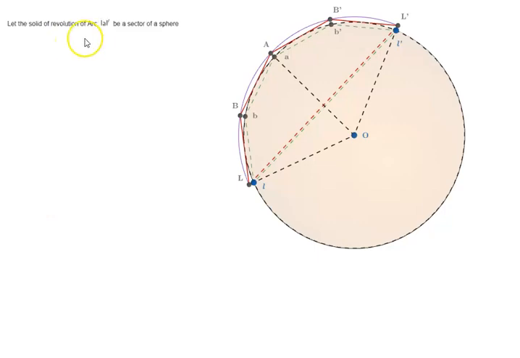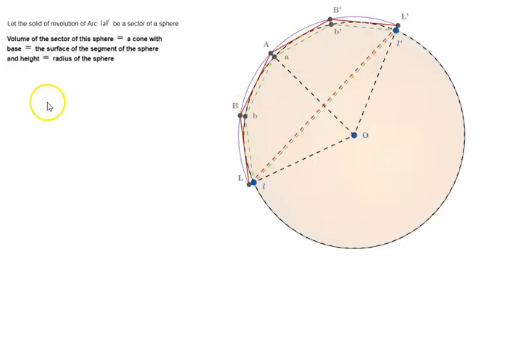Let the solid of revolution of the arc LAL prime be a sector of a sphere. What the proposition is saying is that the volume of the sector of this sphere is equal to a cone with base equal to the surface of the segment of the sphere and height equal to the radius of the sphere.